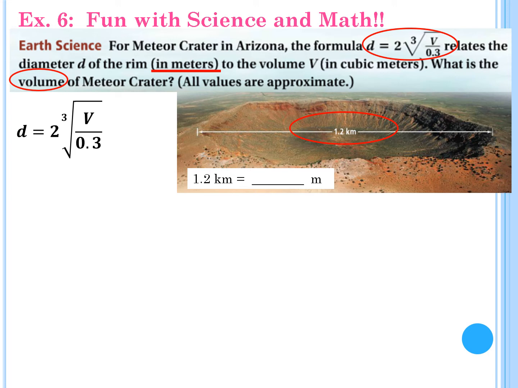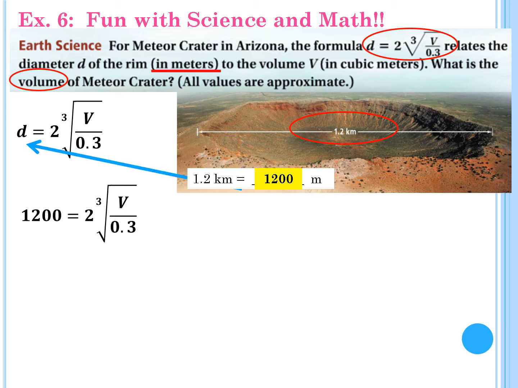So I'm going to multiply 1.2 times 1,000, and I get 1,200. So I'm going to put 1,200 in for D. So that gives me 1,200 equals 2 times the cube root of V divided by 0.3.